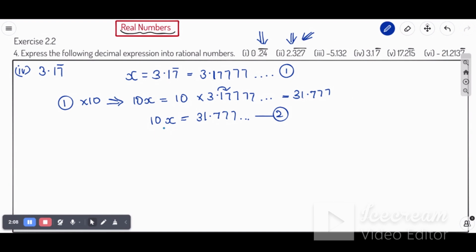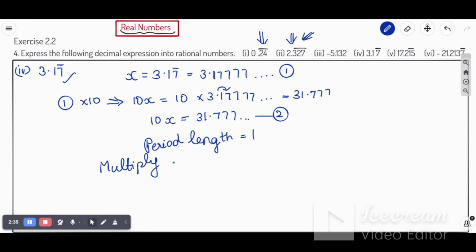Now again, what we can do is, we have to check our period length. So what is our period length? Period length never changes. So you can take it from your question. The period length is equal to nothing but how much? 1 or 2? 1. So now the period length is 1, which means you have to multiply by only 10.